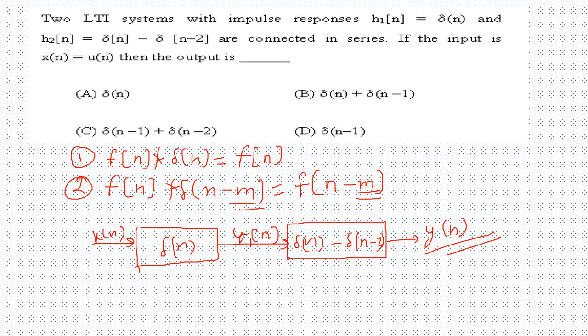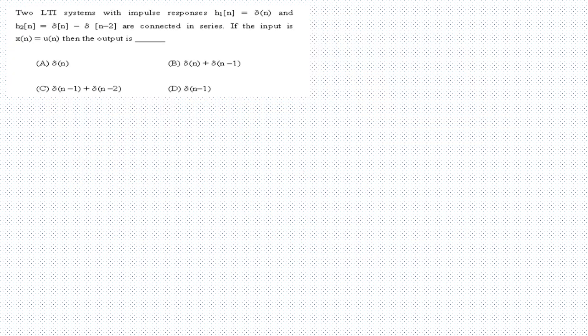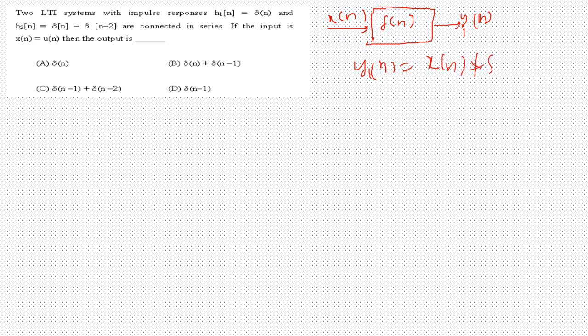Let me draw that once again. This is our x of n. Now this is our del of n, and this is our y1 of n. Now we know that output y1 of n is equal to x of n convolved with del of n.